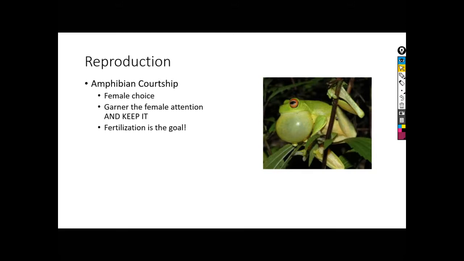Okay. So the first thing we're going to talk about is the process by which reproduction occurs. The first stage in our reproduction that is interesting or unique is courtship. Now, we've had some female choice in the past.